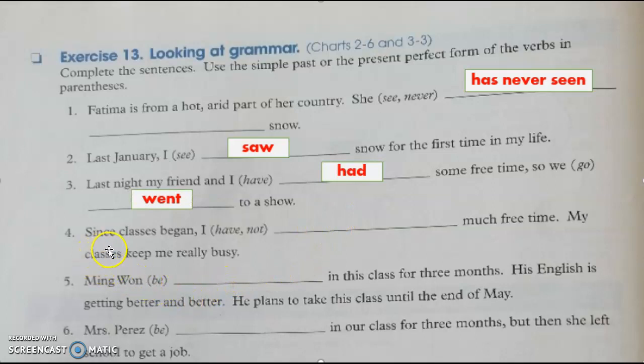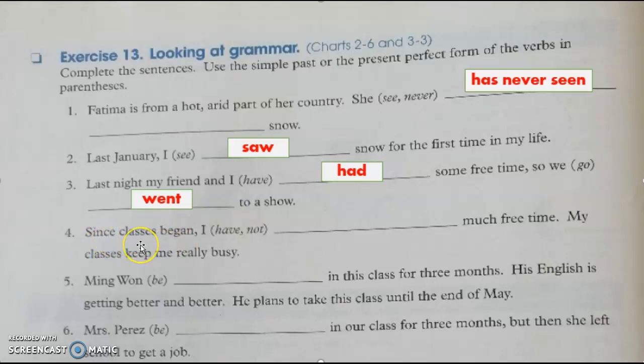Number 4, since classes began, I have not much free time. What tells us here whether the action of the verb have finished or still continues? Well, we have since classes began. This is a time clause that starts with since.